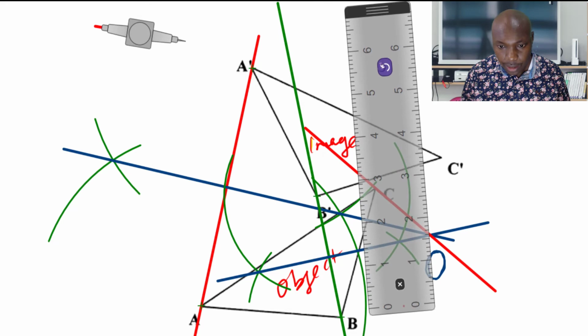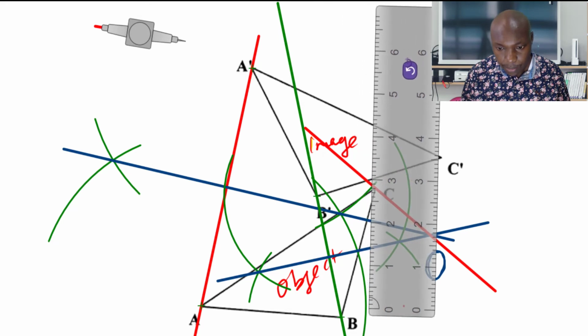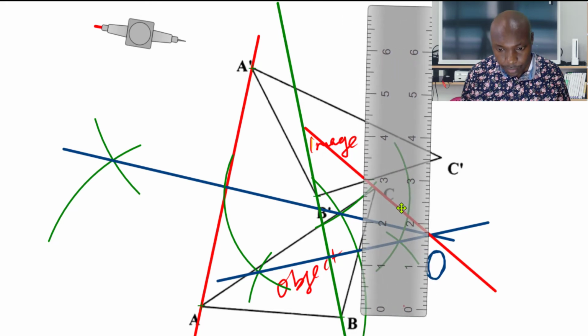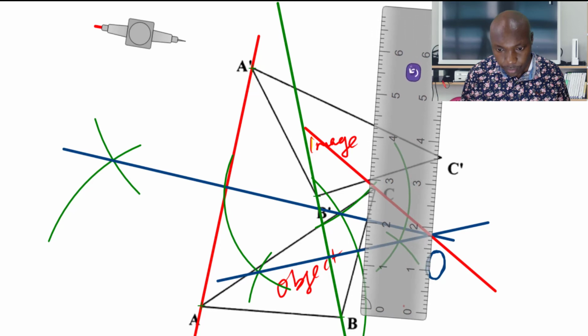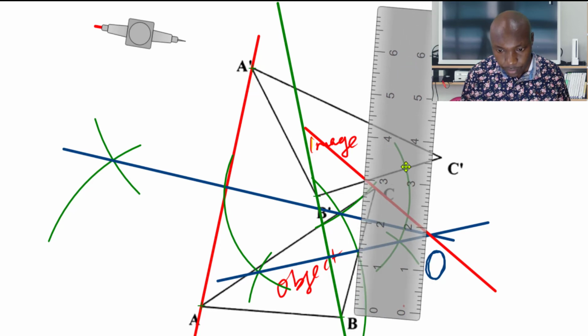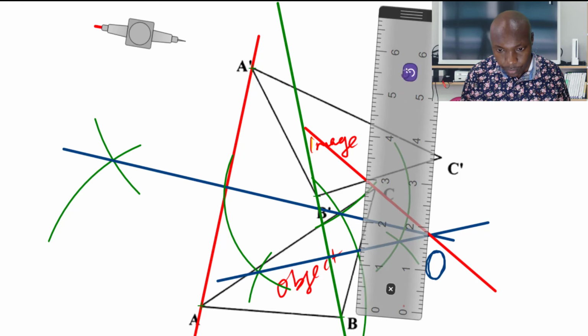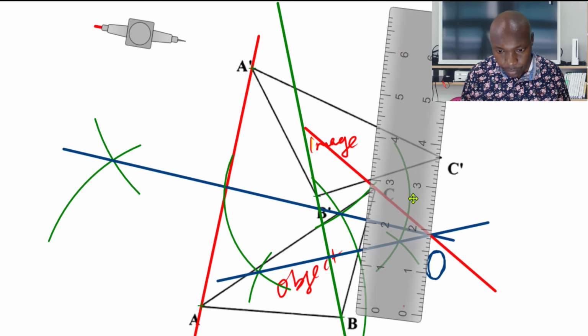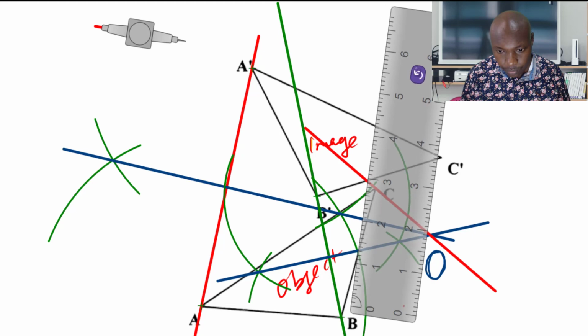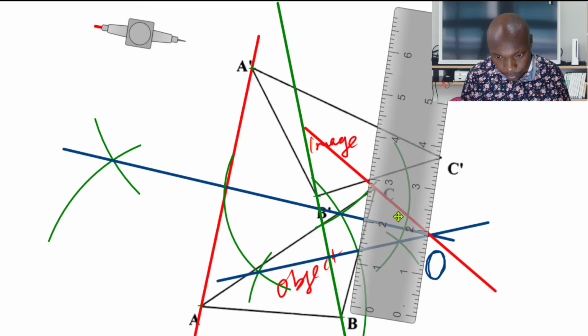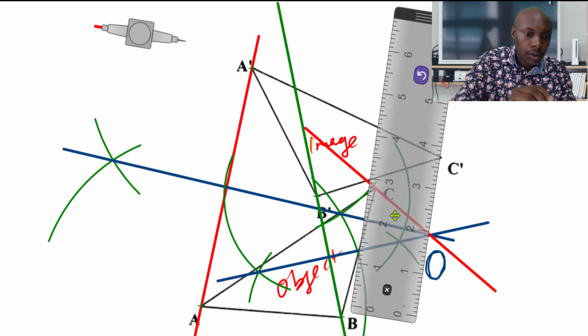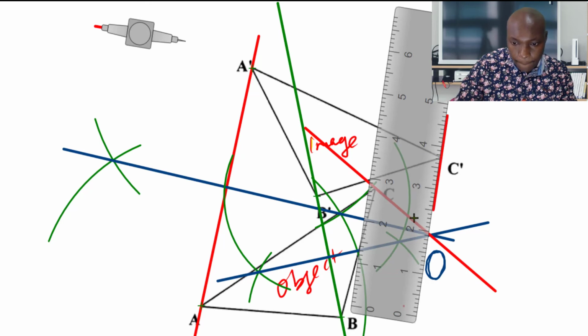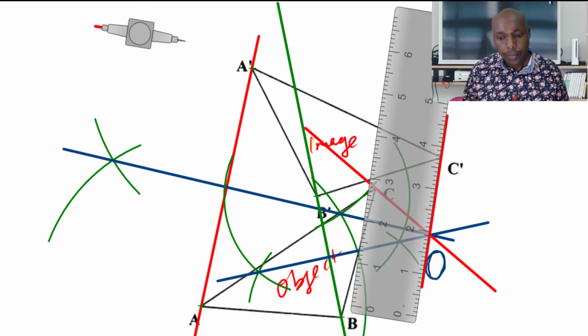Now from the center to C prime, there it is. So I join it like that.